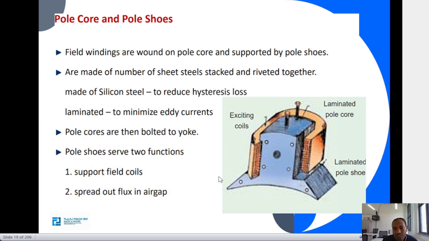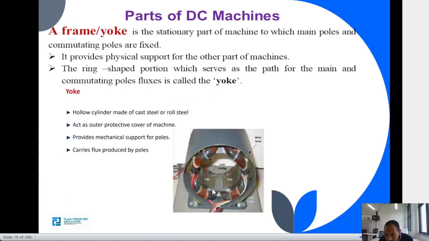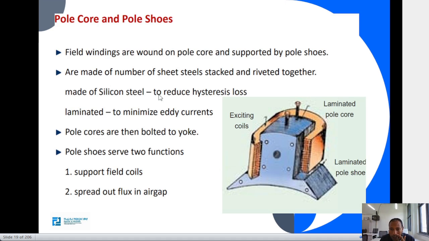The other part of the stationary part is the pole and pole shoes. See this part, we call it the pole shoe, and the whole structure is called the pole. Physically, this part is called the pole shoe, and there is a winding around the pole.